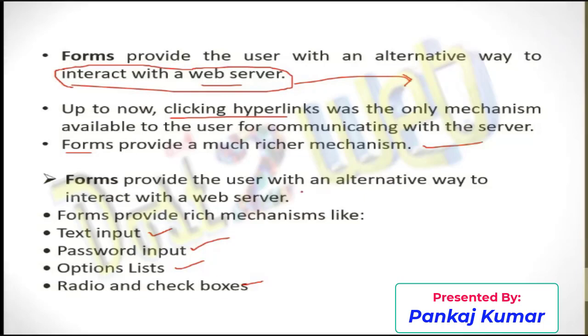It totally depends on you, what things you want in the form. Even if you want a text area to write the address, you can define that. That is actually your form input. This is how you are going to define the form. So let's proceed.